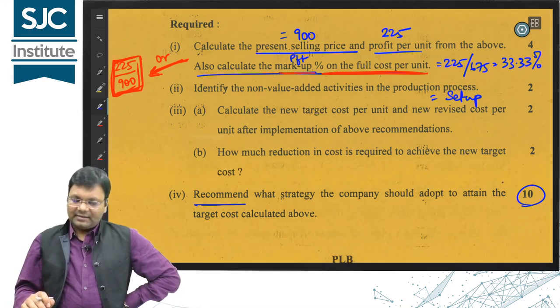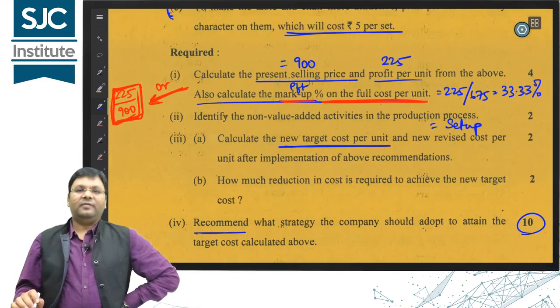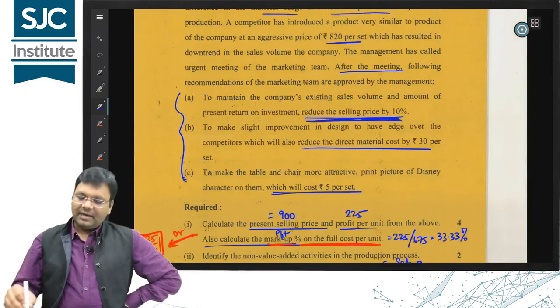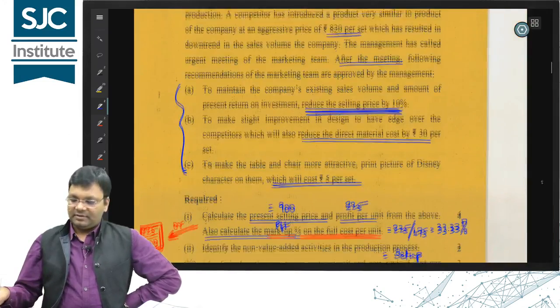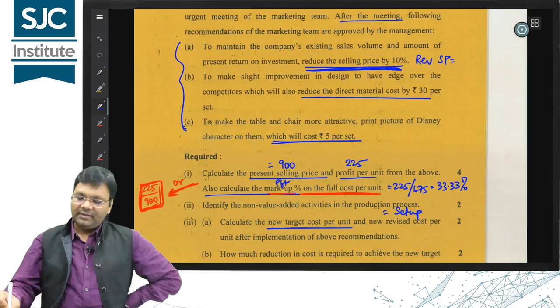Third A is calculate the new target cost per unit and new revised cost per unit after implementation of our recommendation. So in the recommendation it was said that the price will be reduced by 10%. So current price is 900. So now the new revised selling price is 900 minus 10%, which is equal to 810.